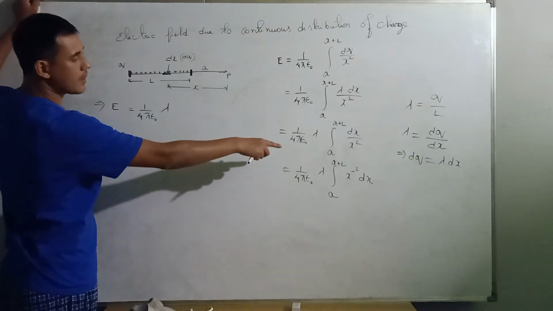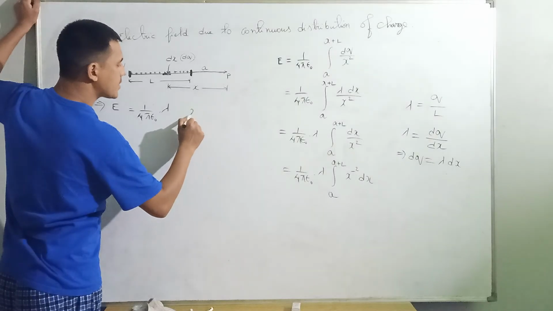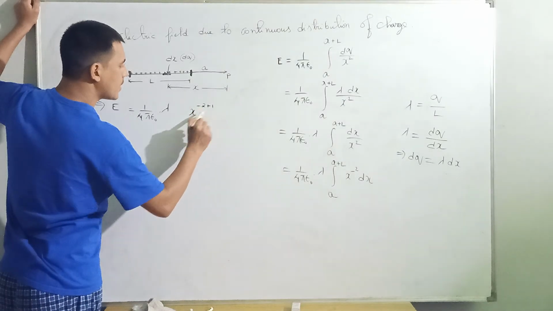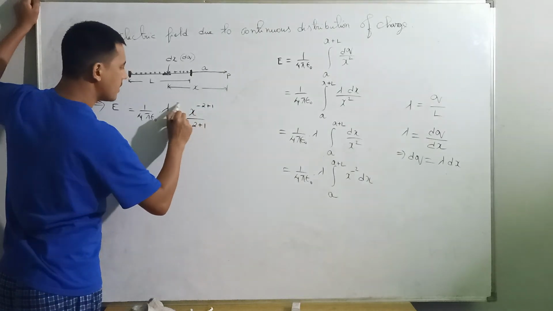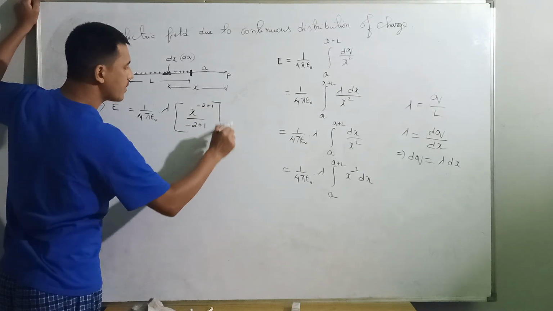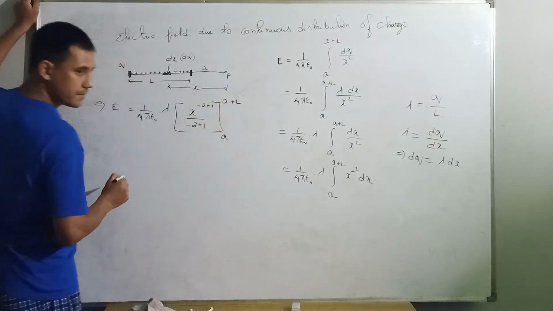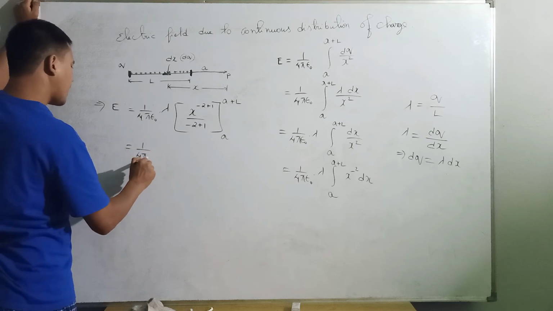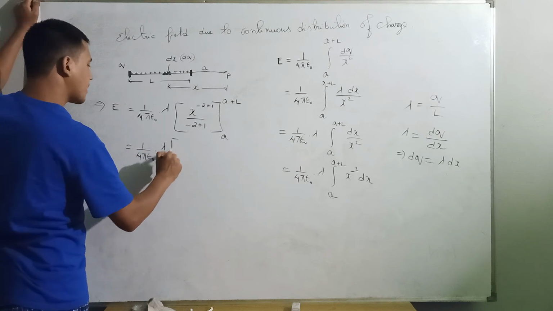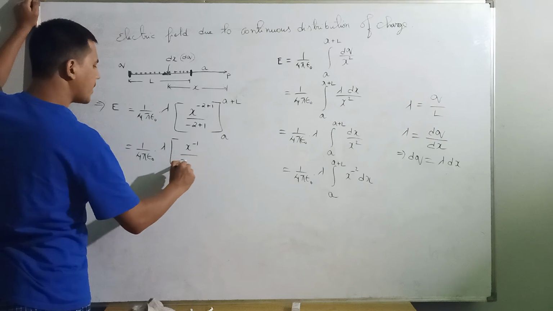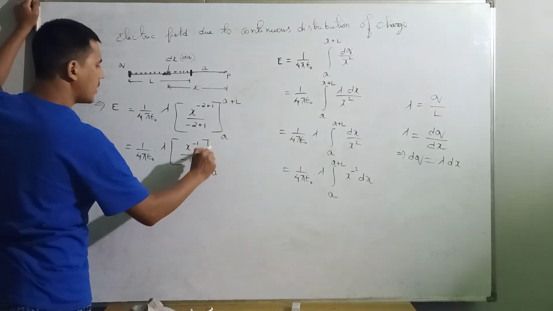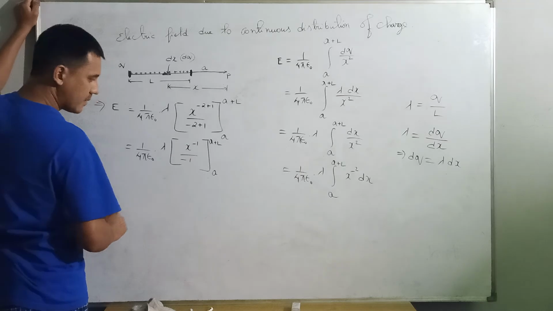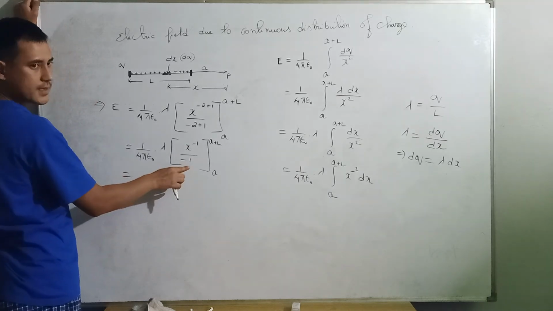So it is x to the power n plus 1 upon n plus 1 between the limits A to A plus L. So 1 by 4 pi epsilon naught lambda, x to the power minus 1 upon minus 1, from A to A plus L.